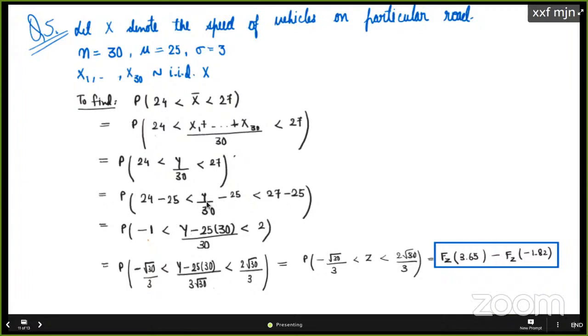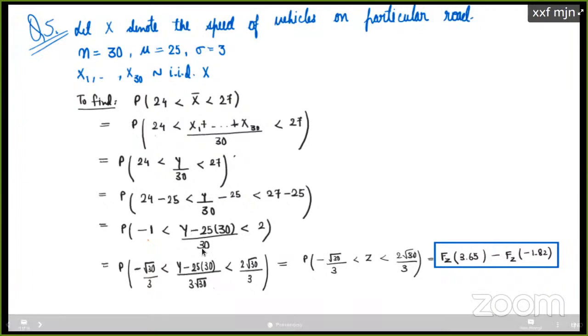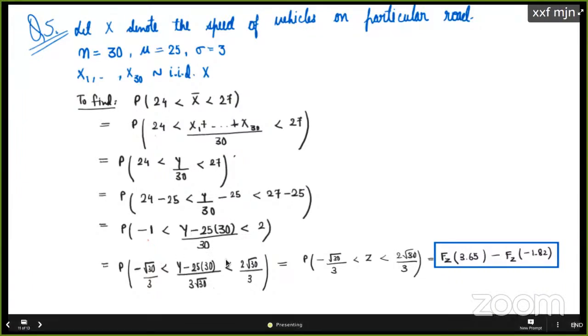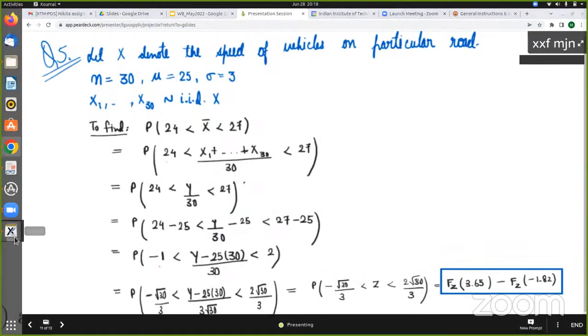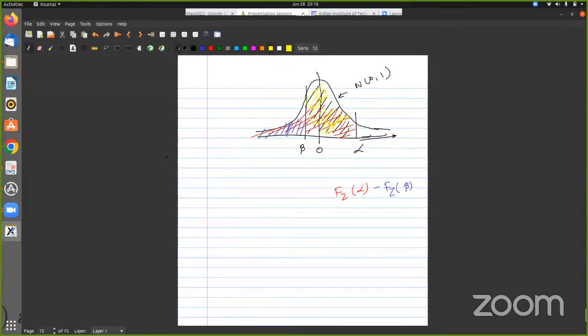Eventually this 30 will go to that side, so (Y minus 25) into 30 by 30 is between minus 1 and 2. Now I can convert this 30 into two parts, root 30 into root 30, and that root 30 will go to this side. I will try to show how it comes. I'm assuming that you understand this part.